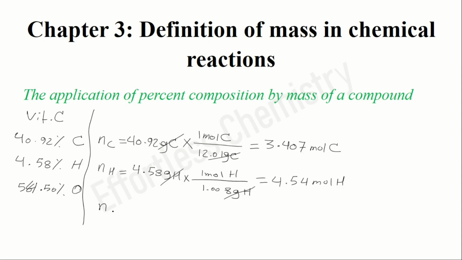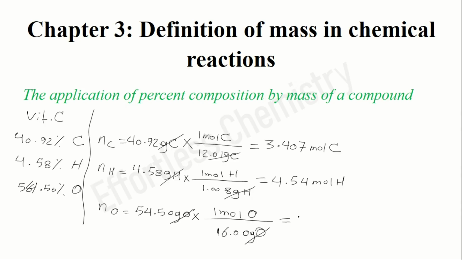And finally for oxygen, 54.50 gram of oxygen. In 1 mole oxygen is almost 16. Previous time I considered 15.99, but even it's 16, so gram of oxygen.